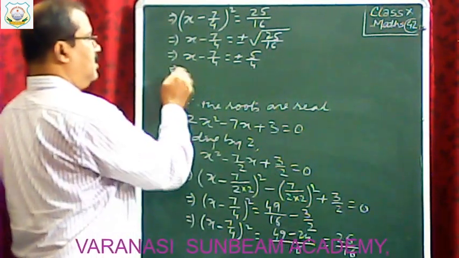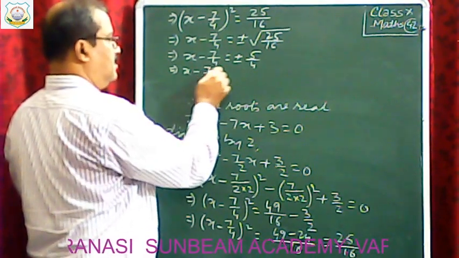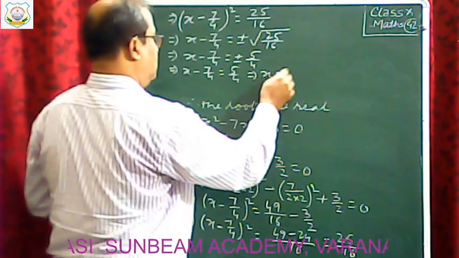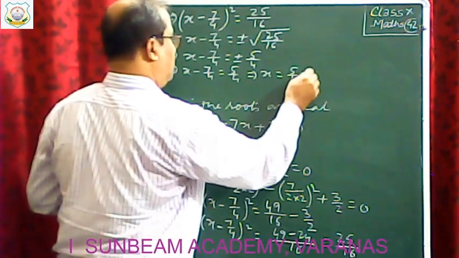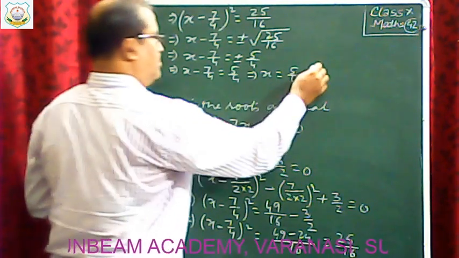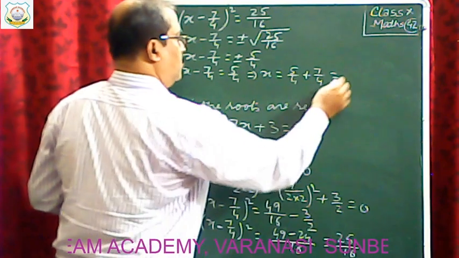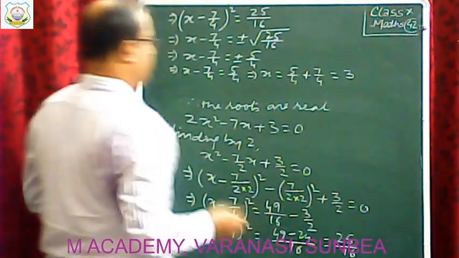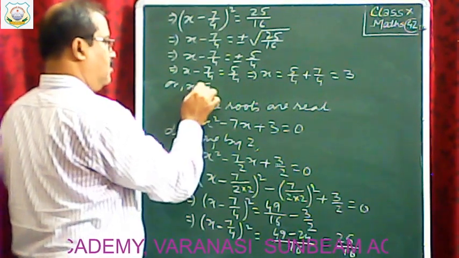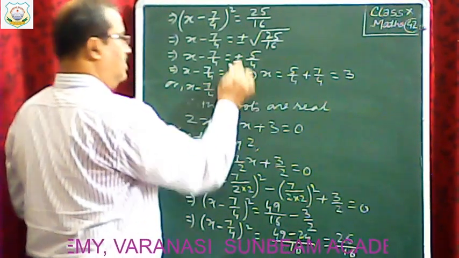Now thereafter, one by one, taking plus and thereafter minus. 5 by 4 implies that x equal to 5 by 4 plus 7 by 4, transposing. So 12 by 4 means you get 3. Or x minus 7 by 4 equal to minus 5 by 4, taking minus 5 by 4.